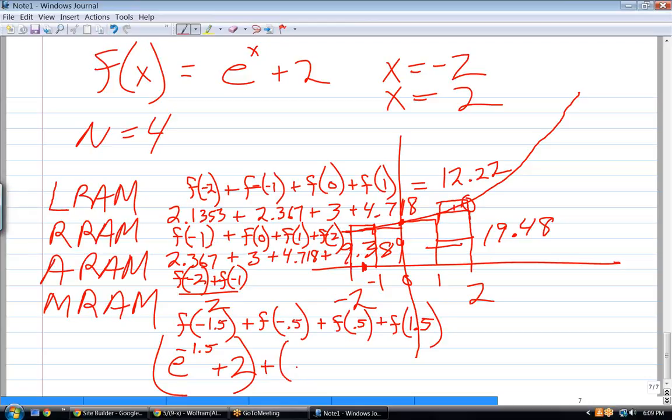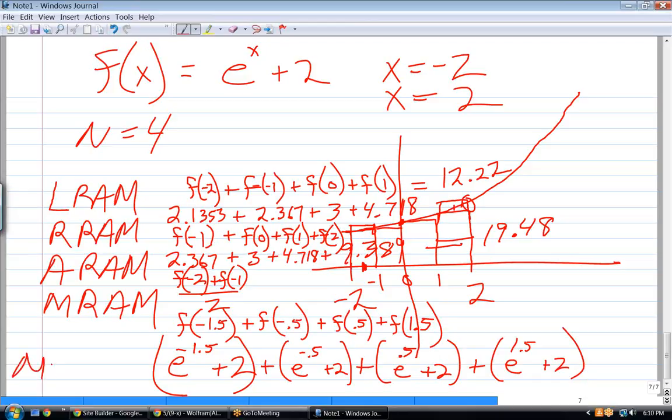This is going to be e to the minus 0.5 plus 2 plus e to the 0.5 plus 2 plus e to the 1.5 plus 2. So there's your mid-ram right there.